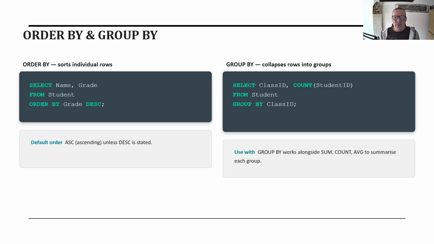And then all we want from this is the class ID, which would be the same for all of them, so it collapses down to 1, and the count, or how many there were, how many students there were in that class. So we might get something like class ID 1, count 20, and then class ID 2, count 30, whatever it might be.